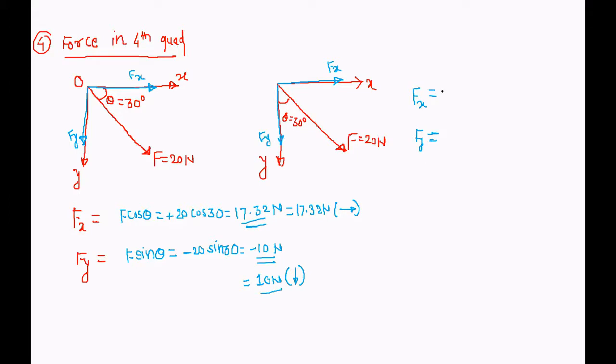So Fx we will write F sin theta, as it is opposite, and Fy is adjacent. So adjacent means cos. So it is F cos theta. Okay. So Fx is equal to, F value is 20, sin 30, and this is 20 cos 30.